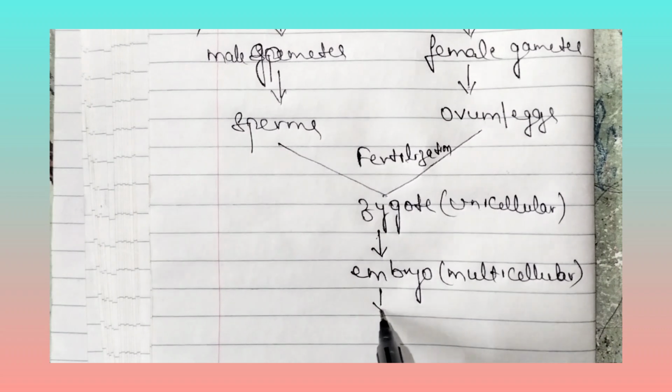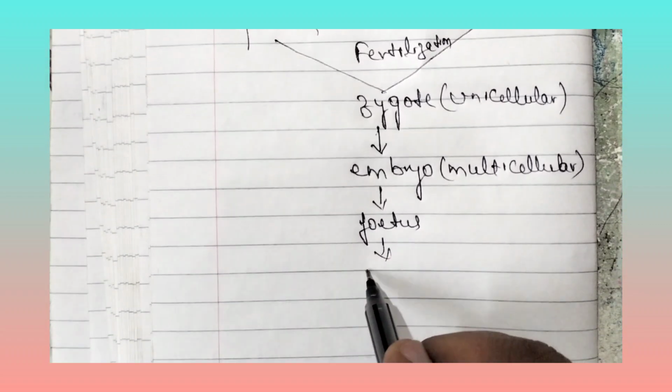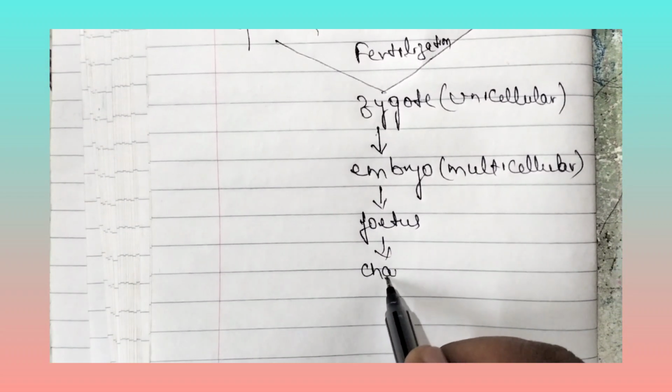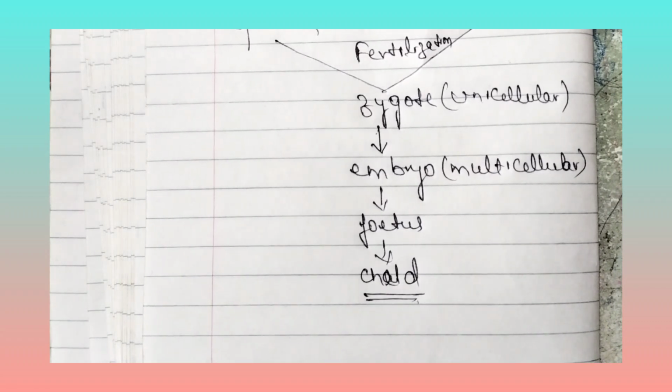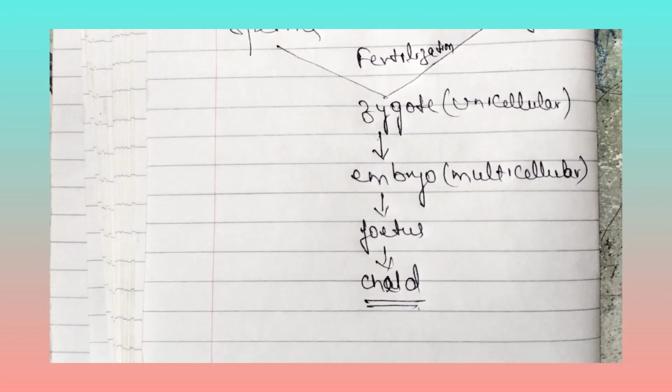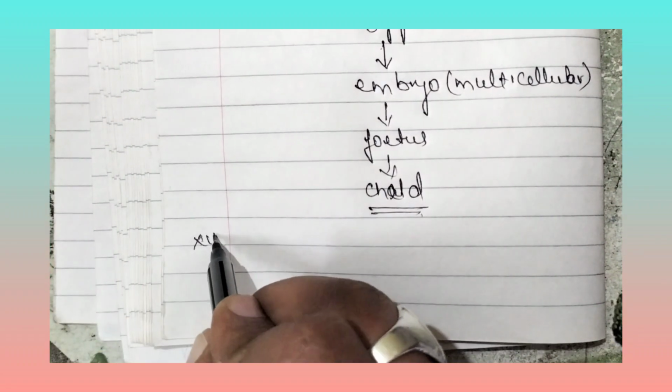Embryo develops into fetus, and that fetus will get all the organs and it will grow as a child. So this is the flow chart that we get for sexual reproduction that takes place in human.